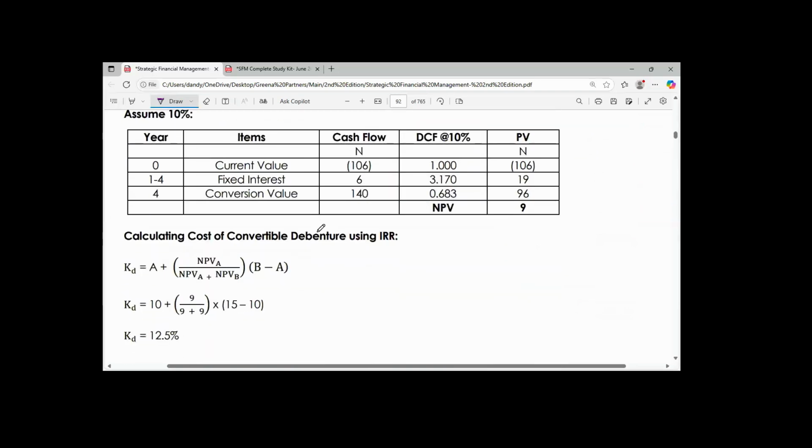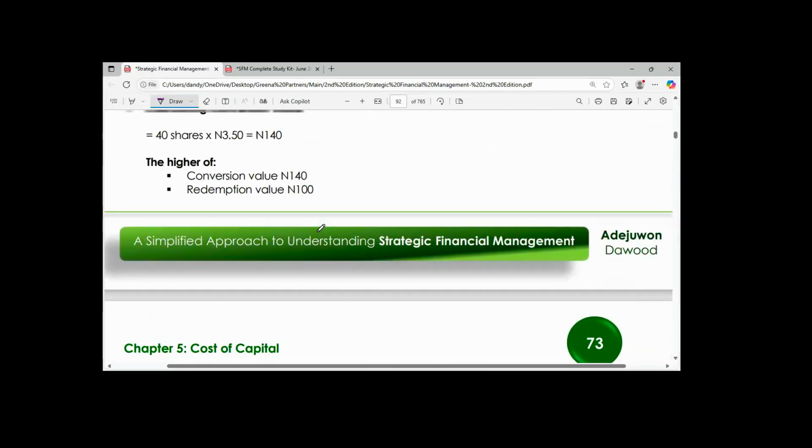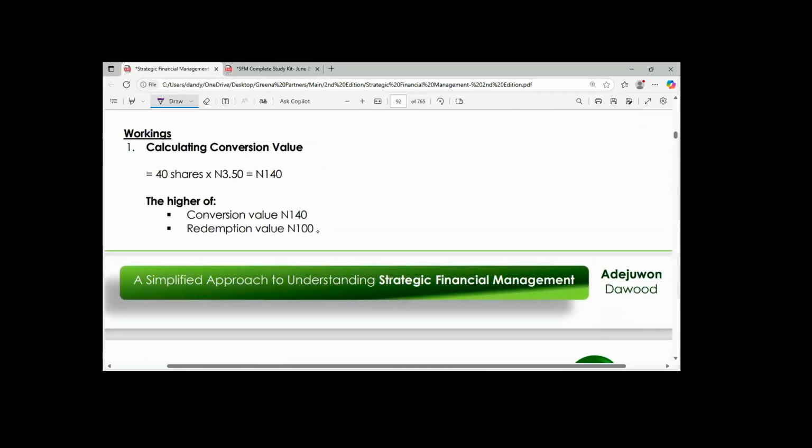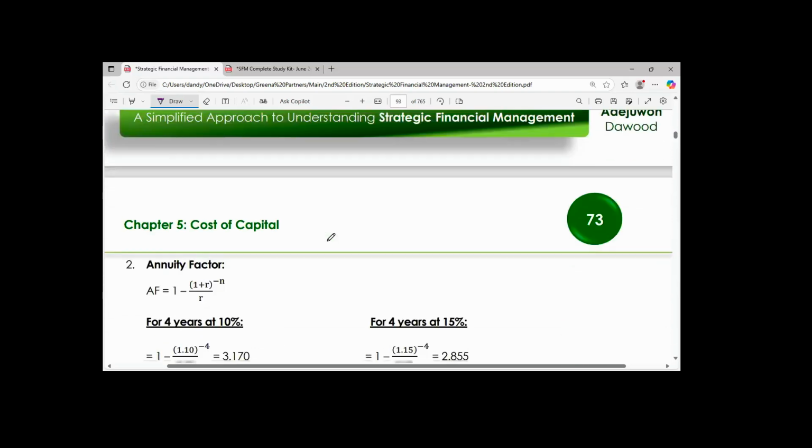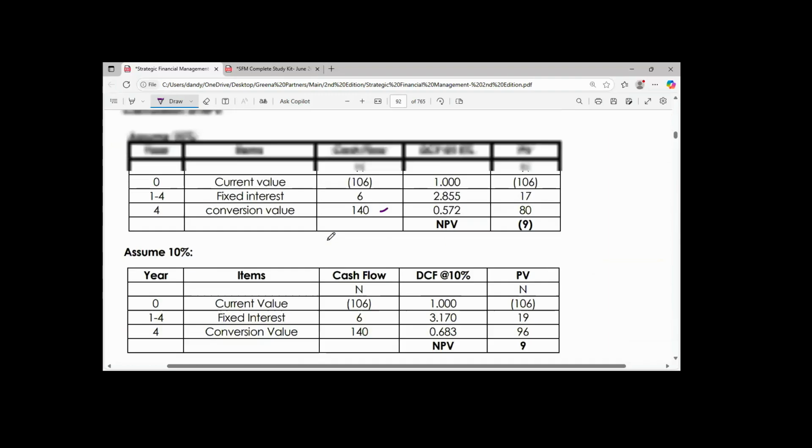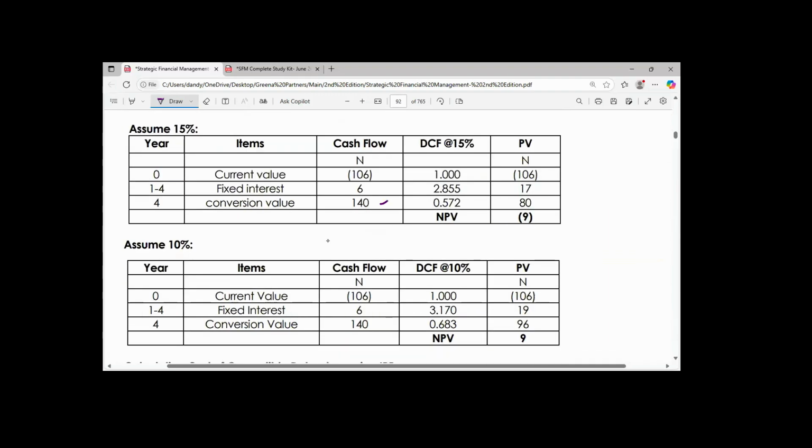When you look at my workings, you see here is the conversion value. We've calculated conversion value to be 140 naira. You compare with the redemption value of 100 naira. Conversion value is higher. That's why we are selecting conversion value. So I will come here and put it there. That's the 140 you are seeing.